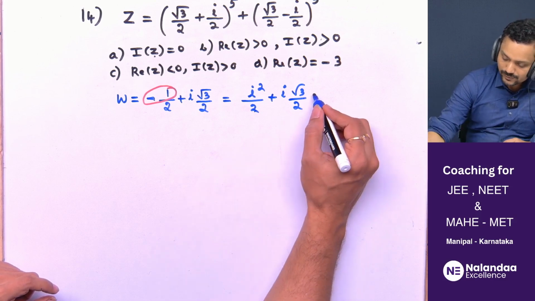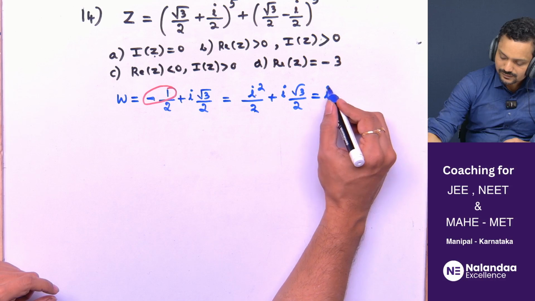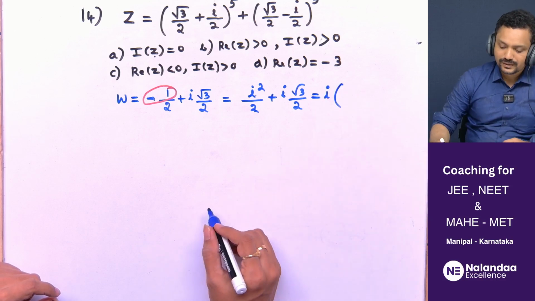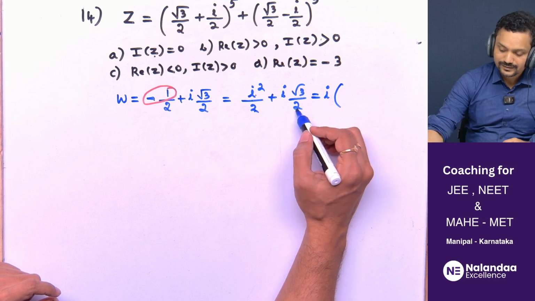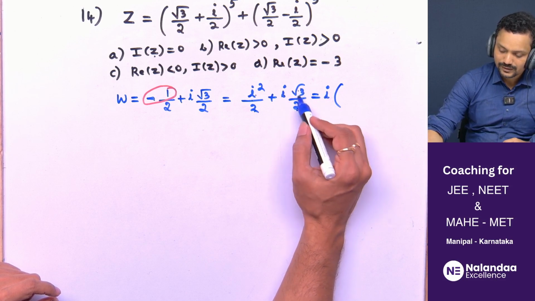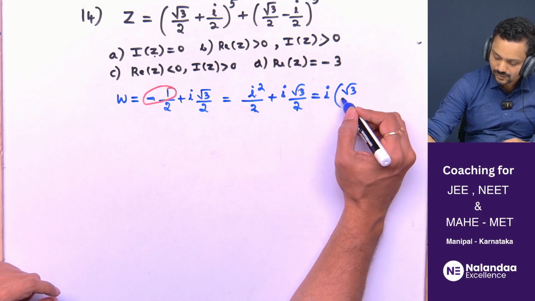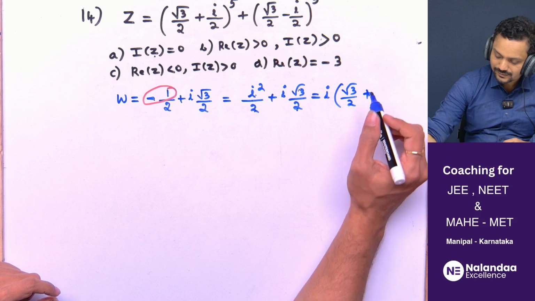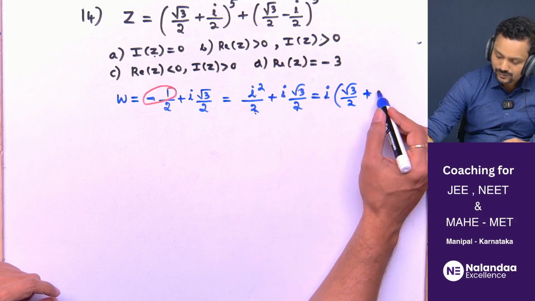And from here, students, if I take i common, I will get this term. I'll write this term first, because when I take i common, this will be without i now. So this will be root 3 by 2 plus, and since I have taken i common here, this will be i by 2.